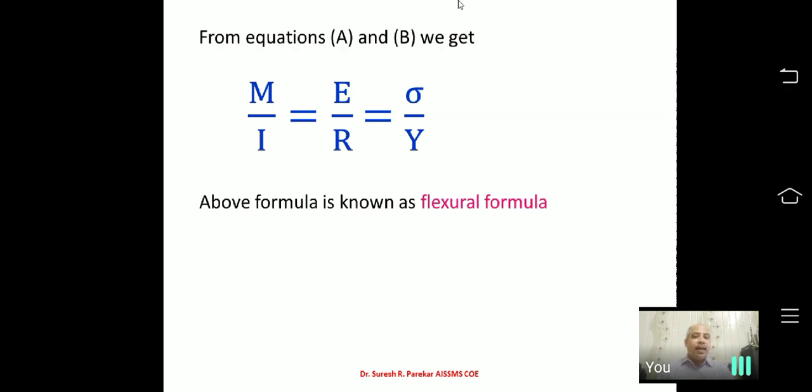So we have L, after L we have IN. So always keep in mind that linear relates to bending.